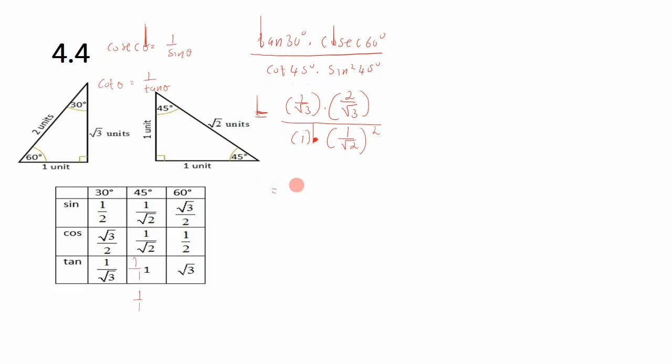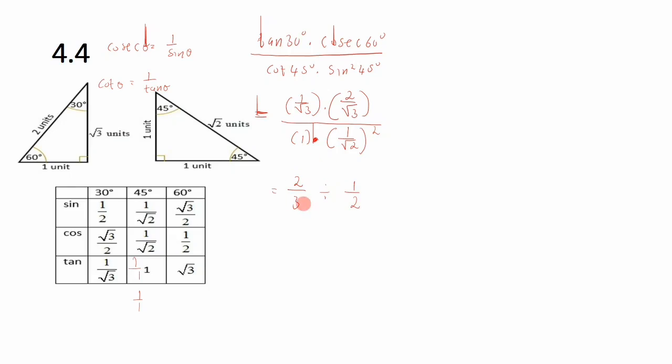This is 1 times 2, it gives us 2, and root 3 times root 3 gives us 3. And then remember, over here means divide. This is 1 times 1 squared, it's 1. So we still have this 1 here, and root 2 squared is equal to 2. So 1 times 1 over 2, that's 1 over 2, right?